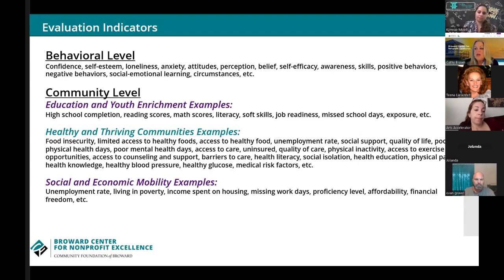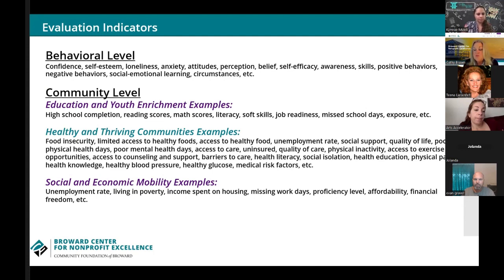If you're talking about education and youth enrichment, it might be grade completion or high school completion. It might be reading scores that we're looking for, an assessment of, or work around math scores, literacy. You can see the examples there.